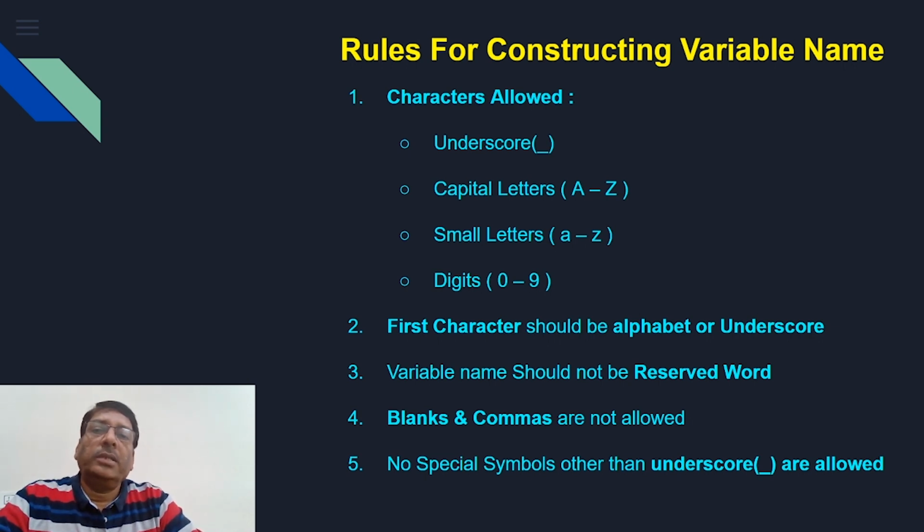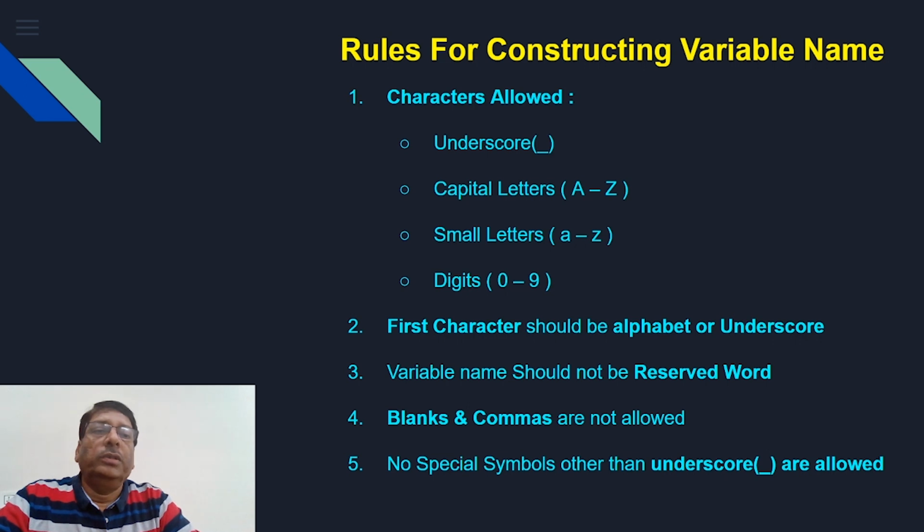Then let's go with how we write a variable name. How do we construct a variable name? Whenever you write a variable name in a program, we need to follow certain rules. As we discussed in the last class, a variable is a name that we provide for the memory that we reserve.